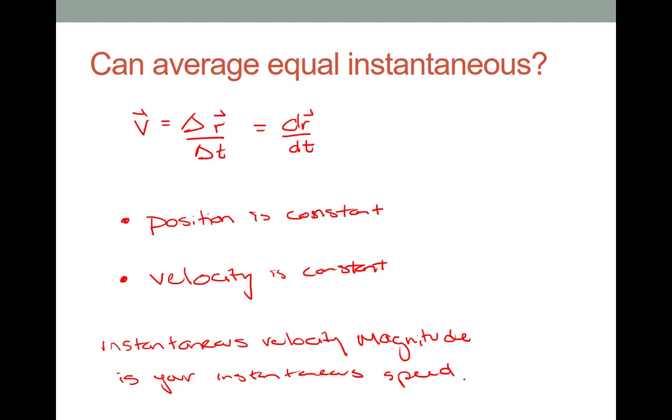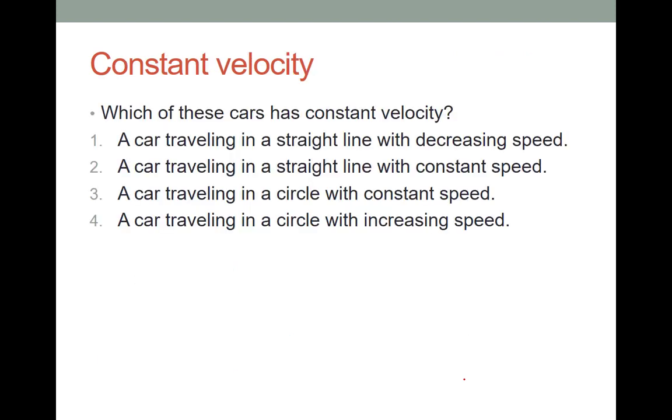In the last part, I want to think about which one of these cars could actually have a constant velocity. Remember, velocity is a vector. It has both a magnitude, or size, and a direction associated with it. So which one of these has a constant velocity, meaning it has both a constant magnitude and a constant direction?